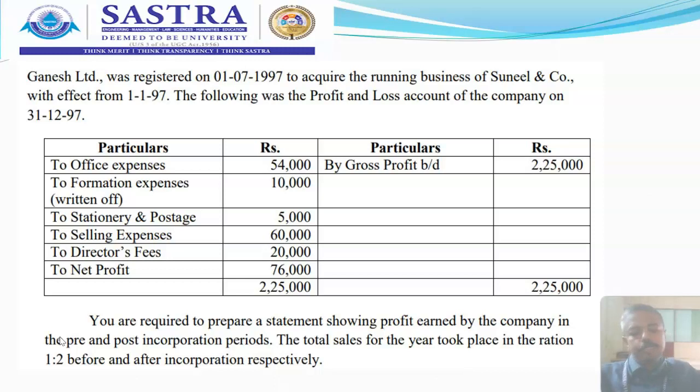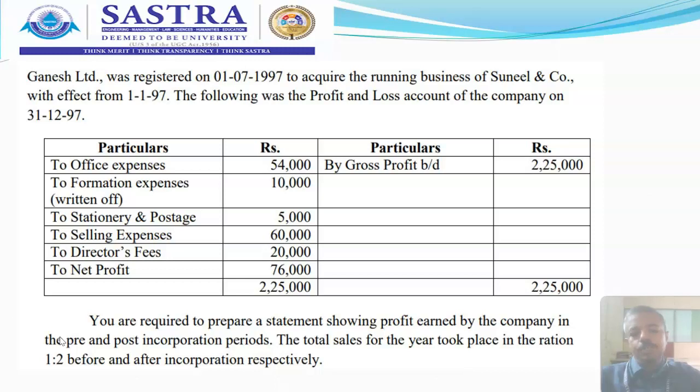So with this, let me take a note of the time ratio and sales ratio. The time ratio is 1:1. The sales ratio is 1:2, which is given in the question itself.